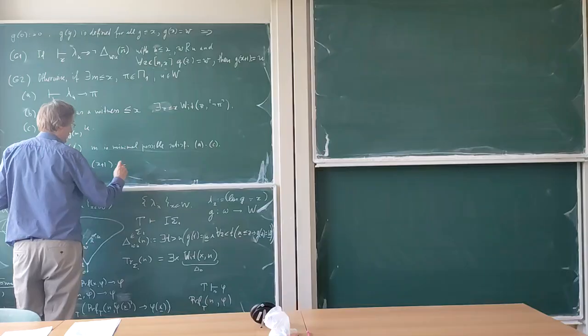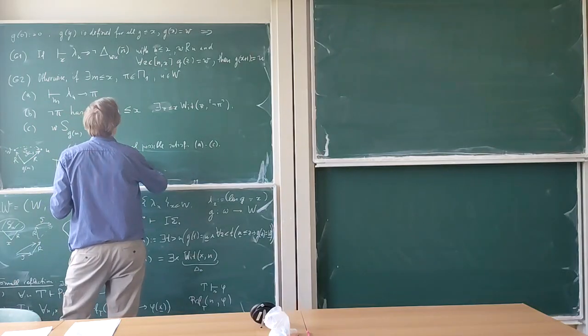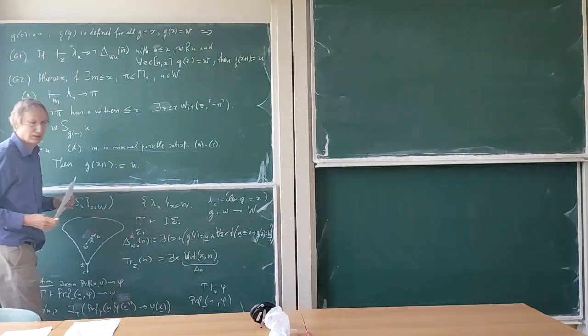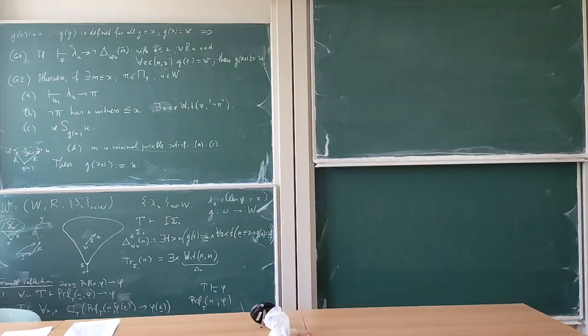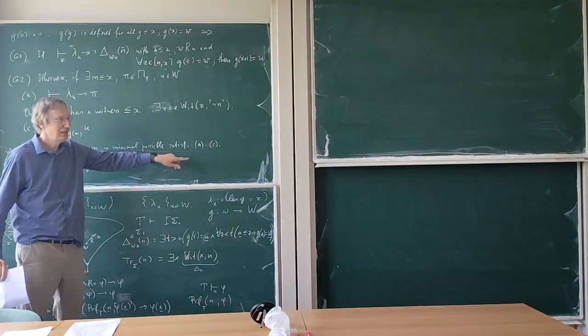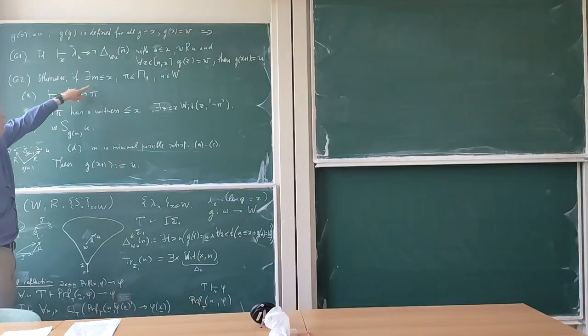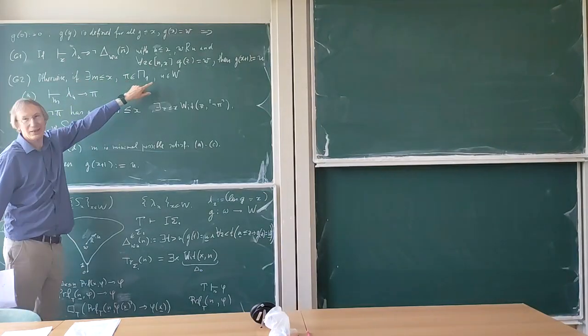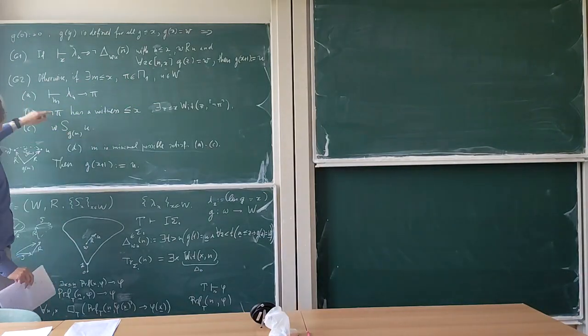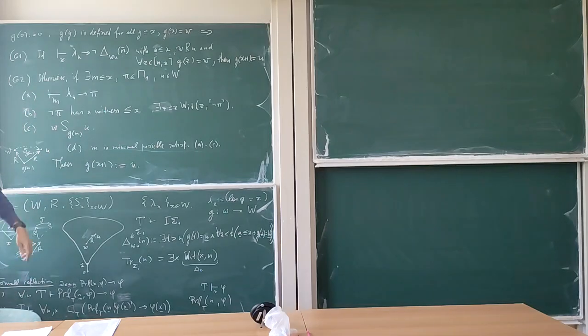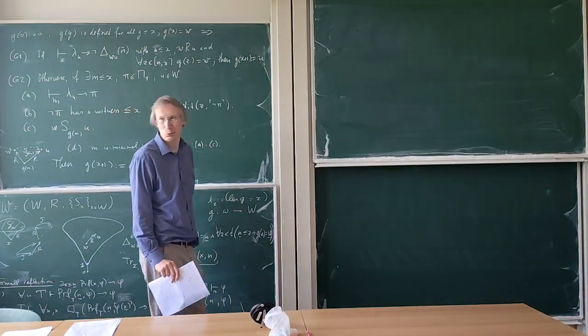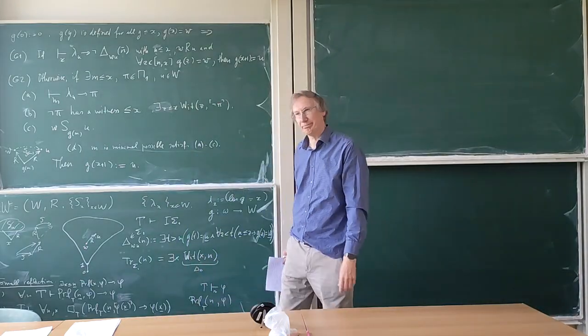Can you read again the condition D? Condition D is: M is minimal possible among all the tuples M, pi, U, satisfying conditions A, B, C. Just to select one specific. Yes.